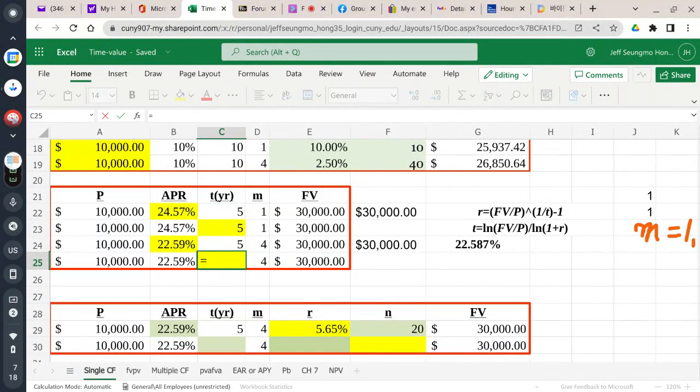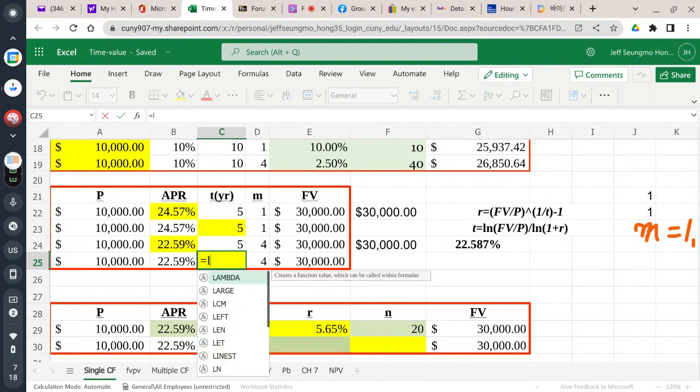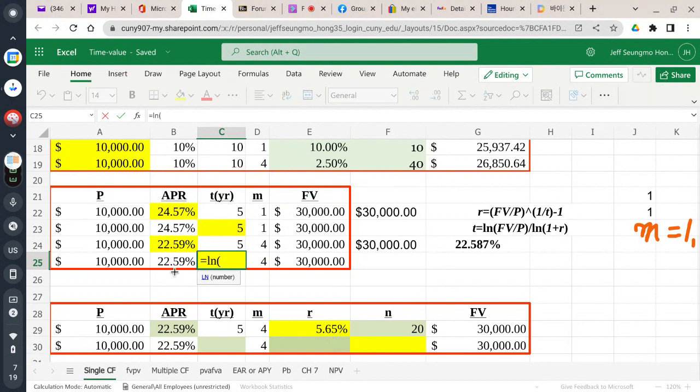So in this example, we do natural log of FV over P, divided by natural log of 1 plus, again, this is annual rate, so we have to divide it by M, which is in D25.